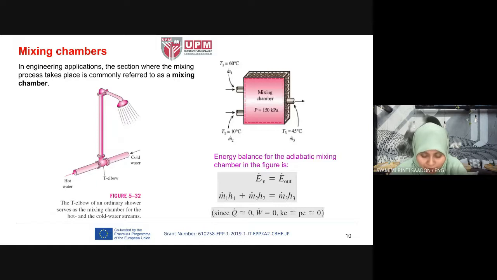But in power plants also we can use this more often. In engineering application, the section where the mixing process takes place is commonly referred to as a mixing chamber. Like combustion chamber is for combustor, so mixing chamber is for mixing.